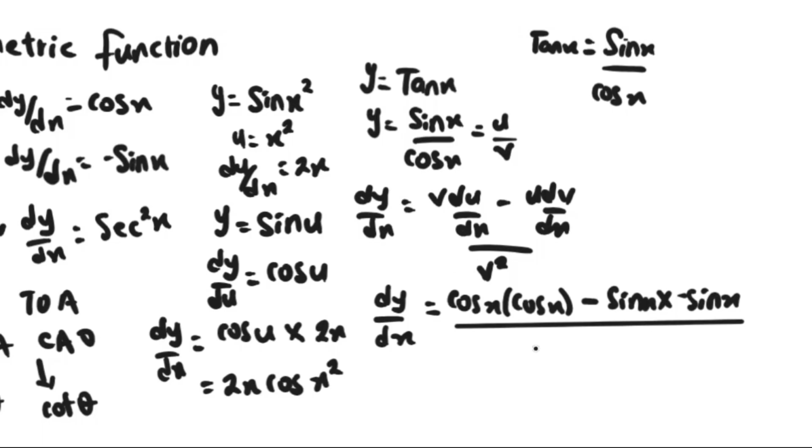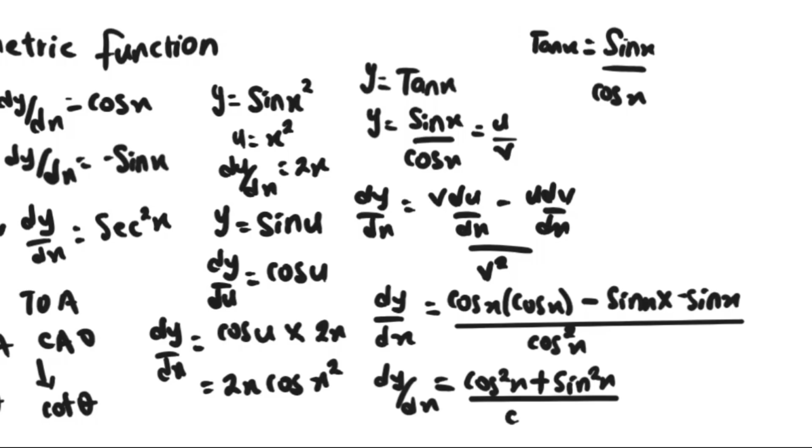And our v squared is cos x raised to the power of 2, which will give us cos square x. So here dy dx will give us cos x times cos x is cos square x. Minus times minus will give us this plus. Sine x times sine x is sine square x. Everything is being divided by cos square x.